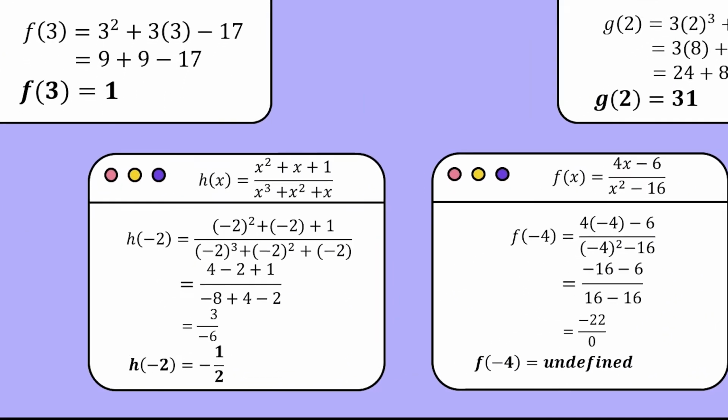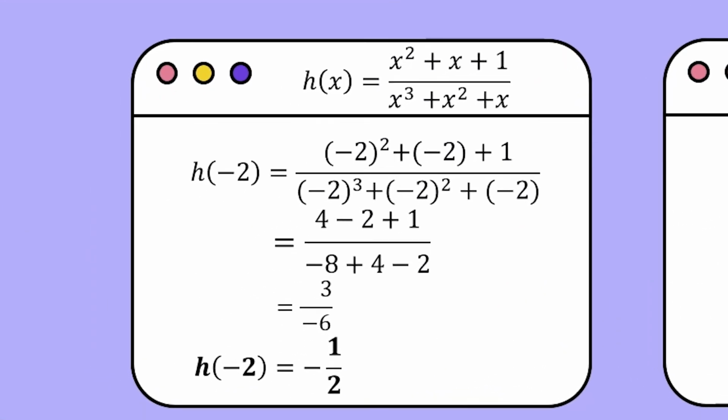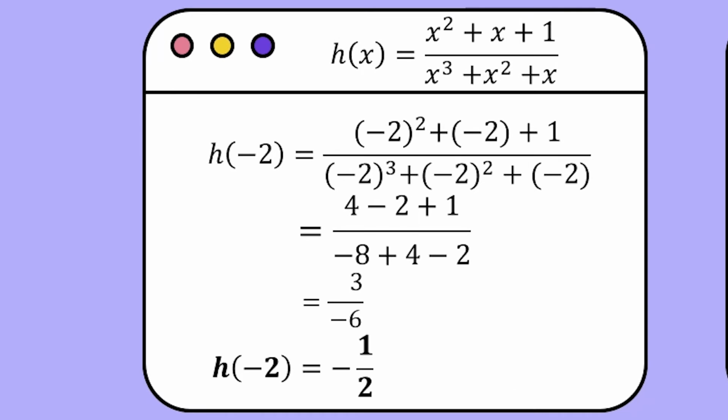H of x is equal to x squared plus x plus 1 all over x cubed plus x squared plus x, where x is equal to negative 2. H of negative 2 is equal to negative 2 squared plus negative 2 plus 1 all over negative 2 cubed plus negative 2 squared plus negative 2.